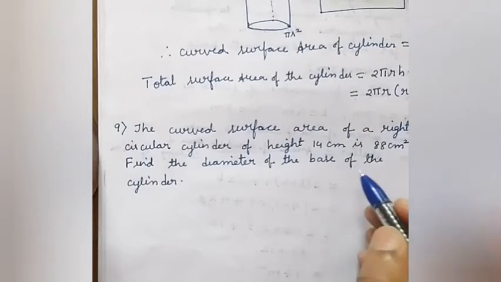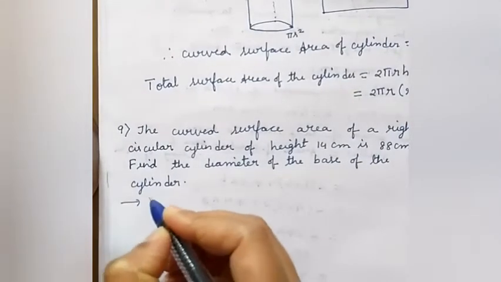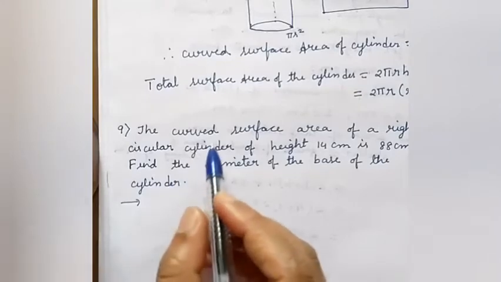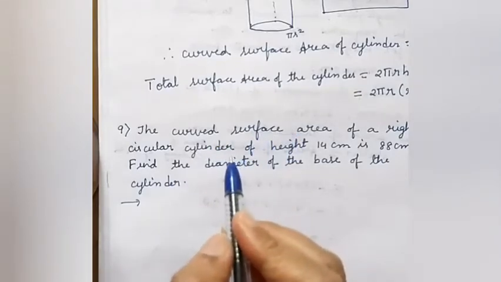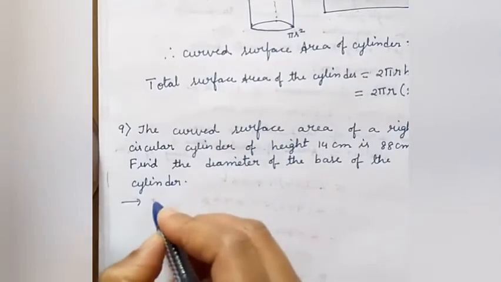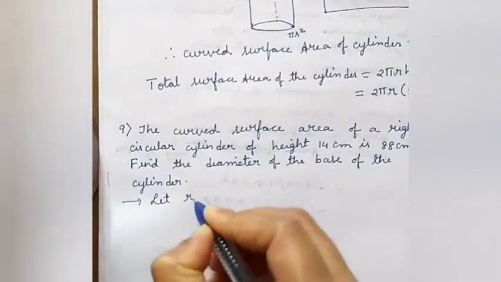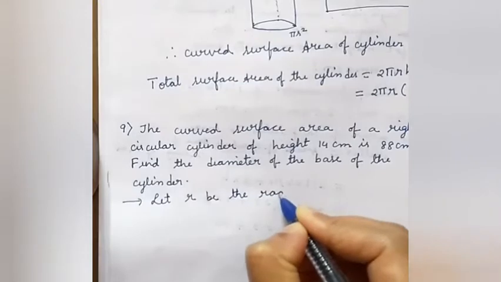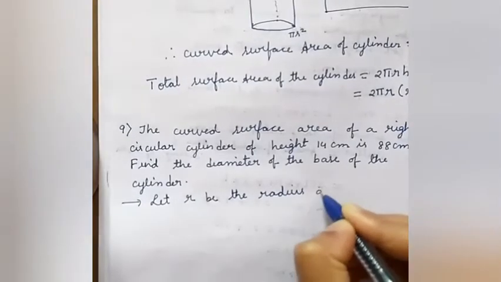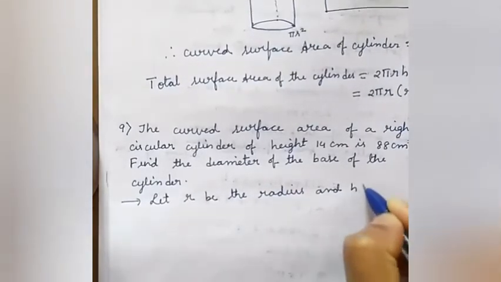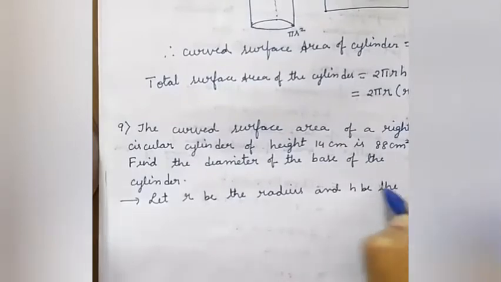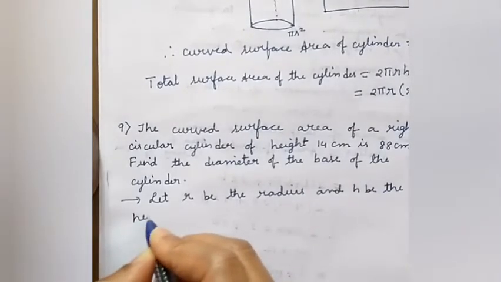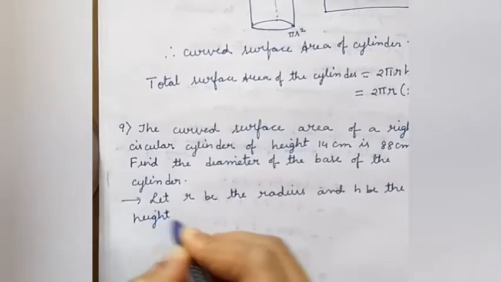We know the formula to find. Let us write down the formula, that is for curved surface area it is 2 pi r h. Let r be the radius and h be the height of the cylinder.